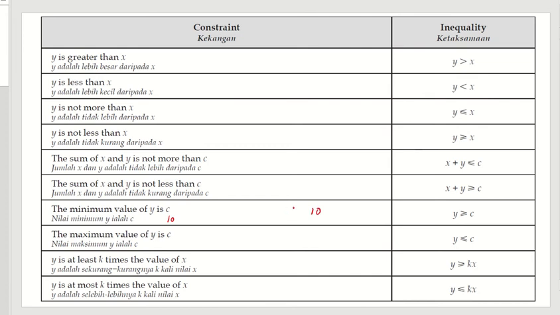You can put one number smaller and one number bigger. Minimum value is 10. So can it be 11? Yes, but it cannot be 9 because the minimum is 10. So it has to be 10 or more than.